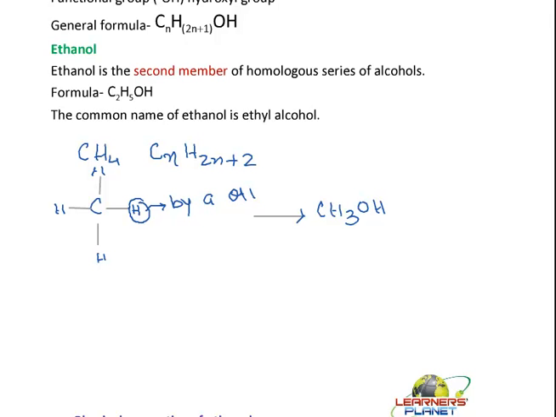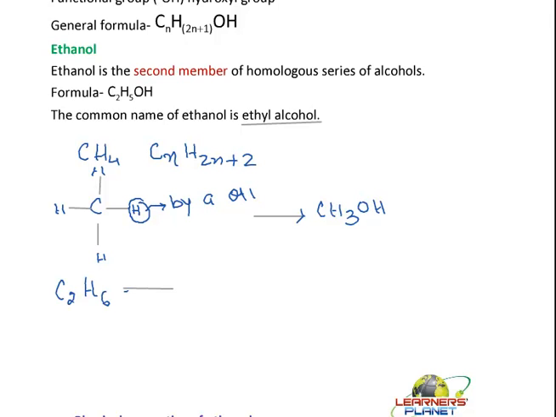Why ethyl? I told you students that alkyl is what? When one of the hydrogens has been removed. Say, if I am writing an alkane C2H6, and I am removing one of the hydrogens from this, what I'll get here is C2H5.